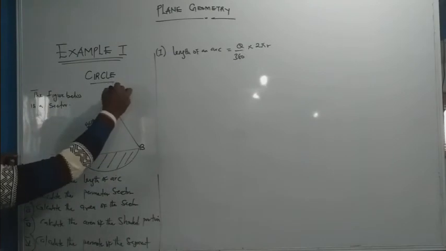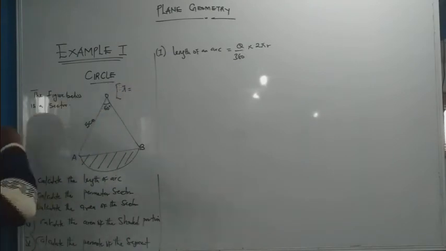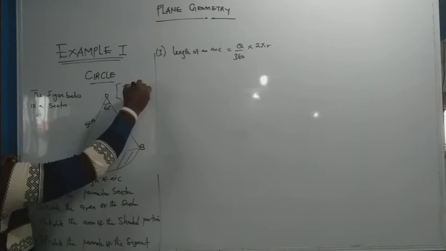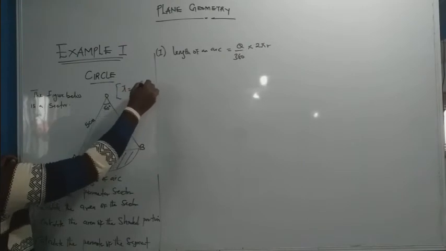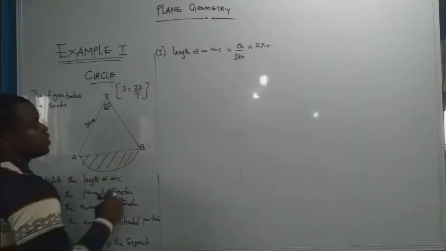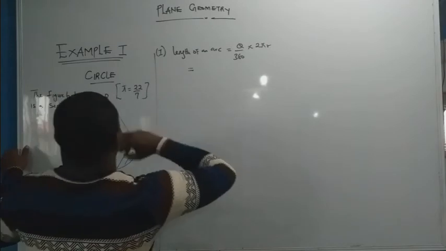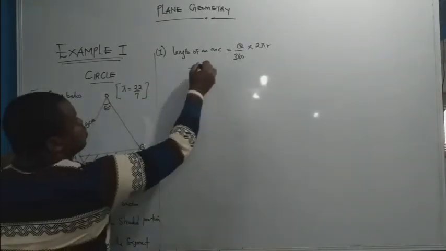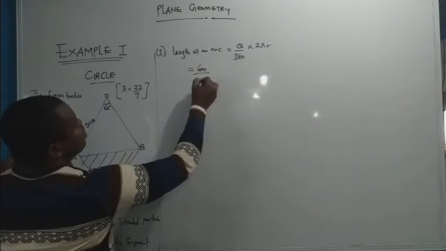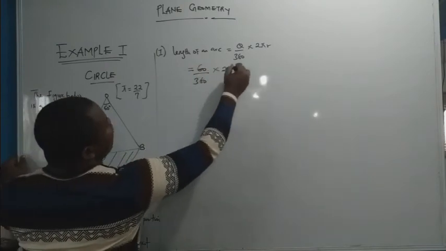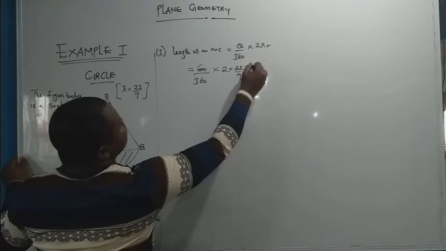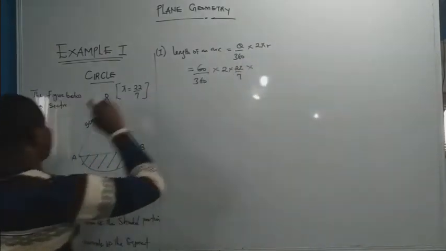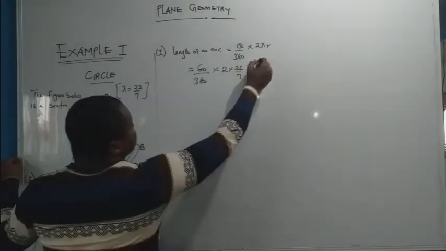You might be asked to take pi is equal to 22 over 7. Okay, that's the constant. So theta represents the angle. So it's going to be 60 over 360 times 2 times 22 over 7 times r, where r represents the radius, and the radius is 5 centimeters.